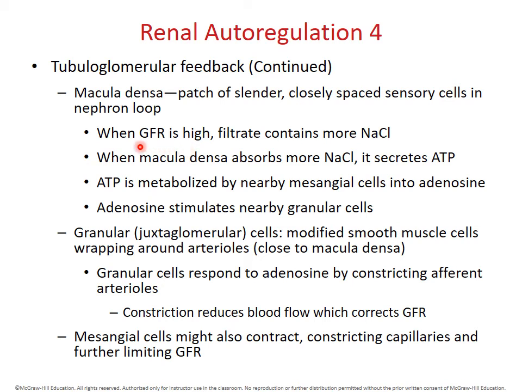And so let's think about this. When glomerular filtration rates are high, remember, fluid is flowing faster through the tubes, and so the fluid that reaches these macula densa cells at the end of the loop of Henle is going to contain more sodium and more chloride because they haven't had a chance to be reabsorbed as much.